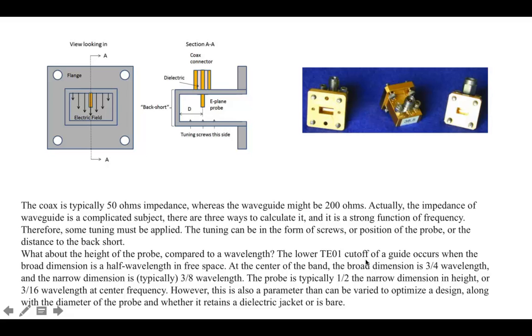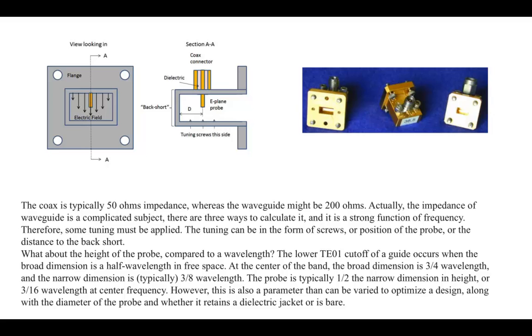At the center of the band, your wide dimension is about 3/4 of a wavelength, and the narrow dimension is about 3/8 of a wavelength. Typically, the probe is about half of the distance on the narrow dimension, so it's about 3/16 of a wavelength. That can be manipulated as well in order to get good results.